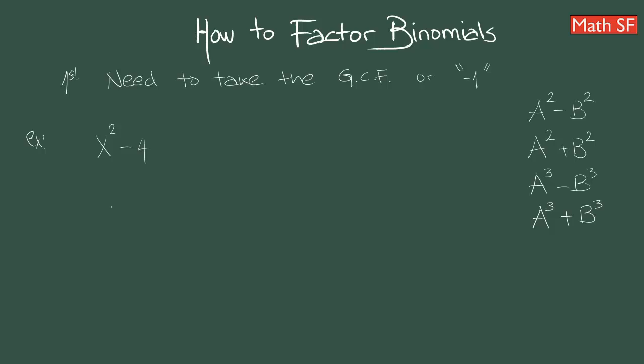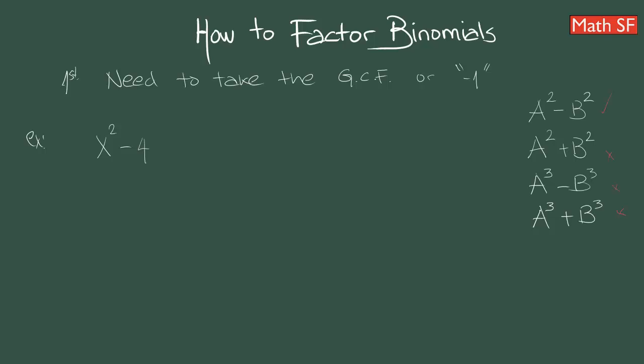No. Therefore, let's see if it falls into one of these categories. Definitely it's not going to be the cubes, so you can cross them out of your list. It's a minus, so it's not going to be a sum of cubes, so it's going to be a difference of squares. But before that, we need to see if we can rewrite this as something squared.